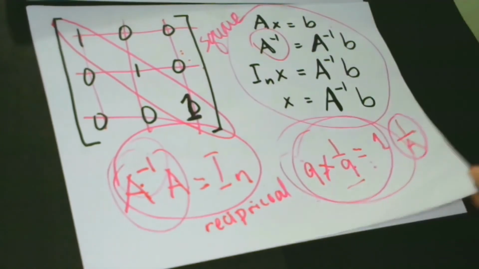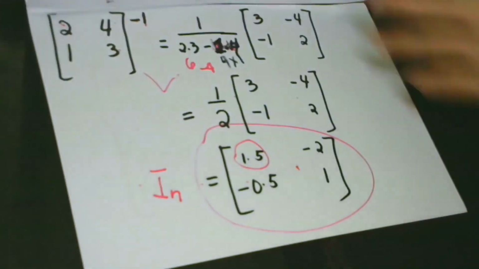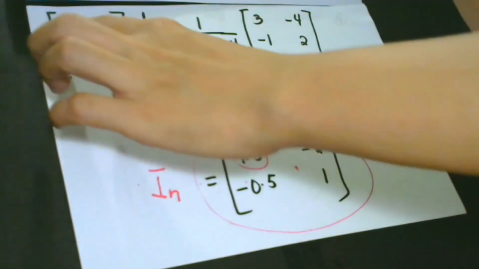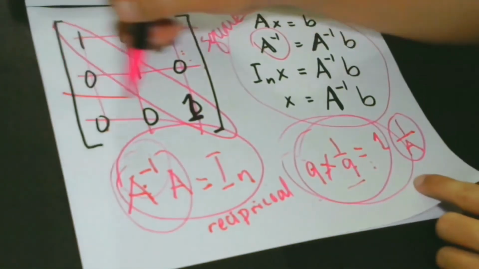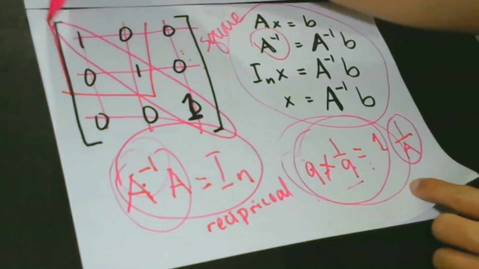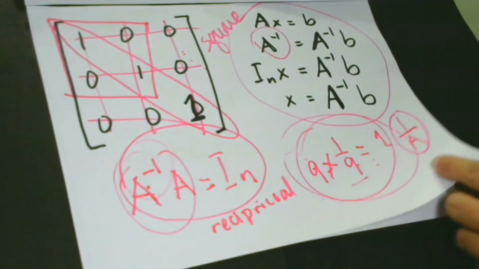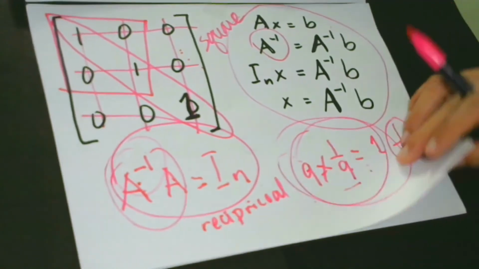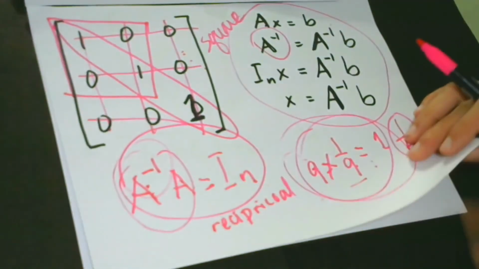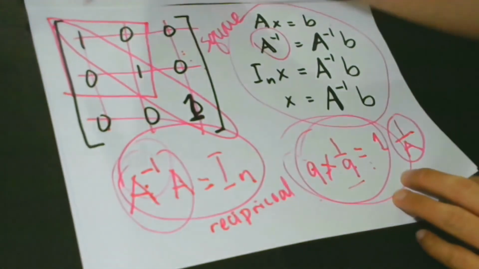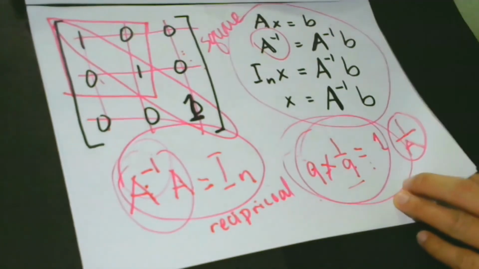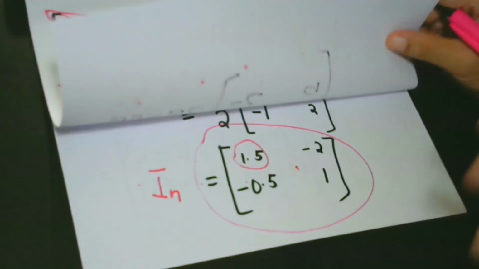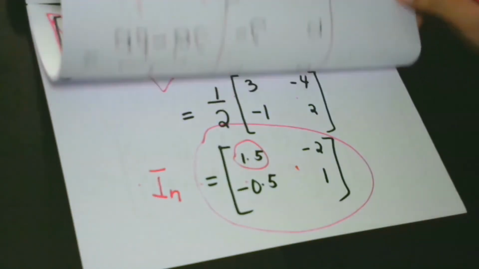Because we have only 2 rows and 2 columns, expect that we will only take note of this picture. So there should only be 2 columns and 2 rows for our identity matrix. And how are we going to do that?